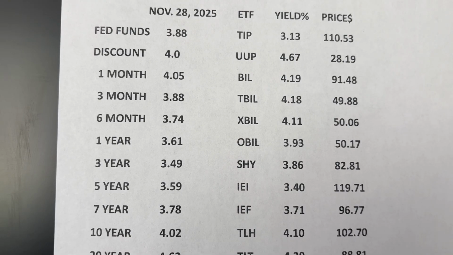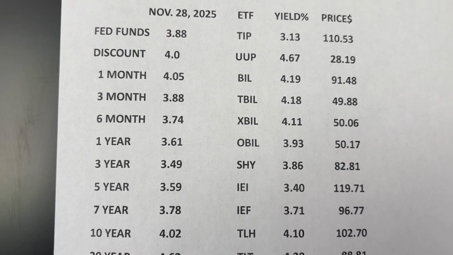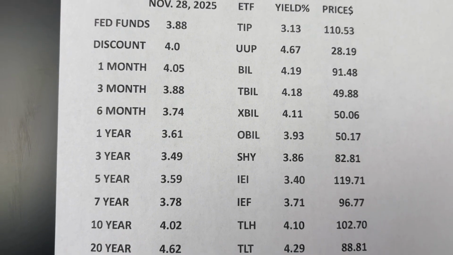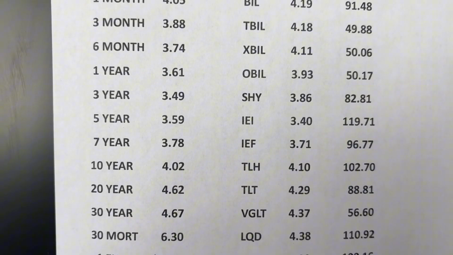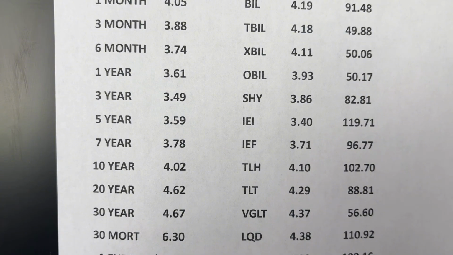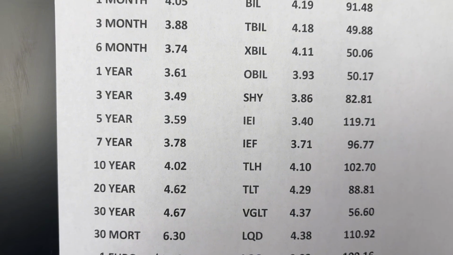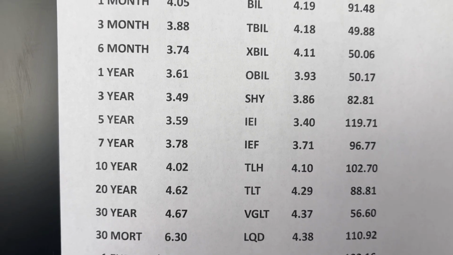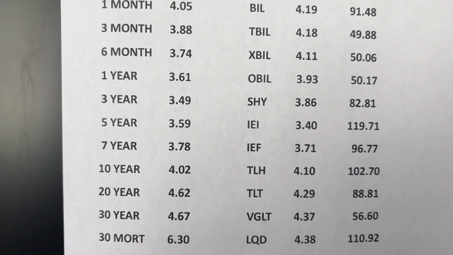The corresponding ETF, SHY, yields 3.86, and it sells at $82.81. And so on, looking out here to the 10-year at 4.02, and the TLH, which tracks that, yielding 4.10%, a price of $102.70.